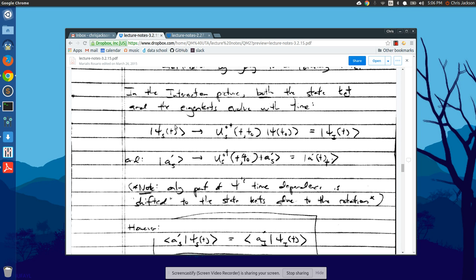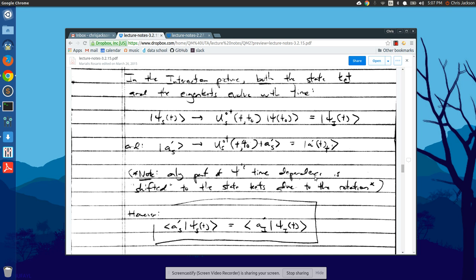So in the interaction picture, both the state ket and the eigenkets evolve with time. Right, so we can see that from how we define the interaction picture.